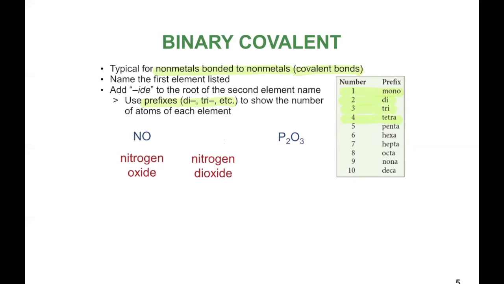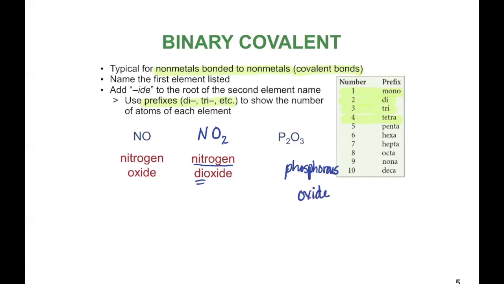In order to draw the formula for nitrogen dioxide, we can talk about nitrogen and we can talk about oxide, and now we have to decide what subscripts we're going to put in. So if we just have 1 nitrogen and then 2 oxygens, that is going to be NO2, nitrogen dioxide. And so in the last example here, P stands for phosphorus, and O stands for oxygen, which is going to be oxide.